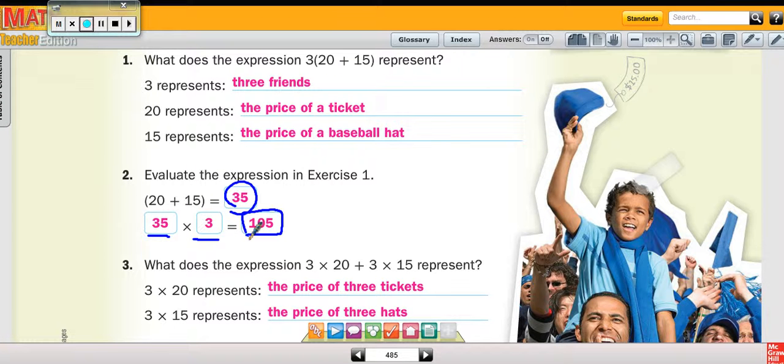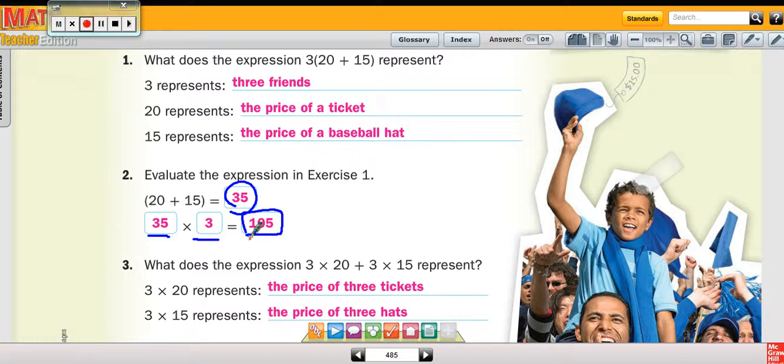What are we really finding there? 20 plus 15 gave us what? Mia? 35. Which is representing what? $35. $35, which is the cost for what, Elizabeth? For one ticket and one baseball hat.